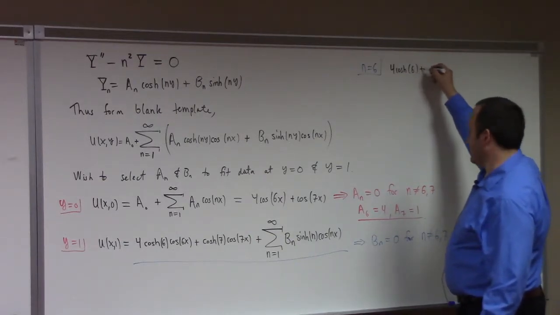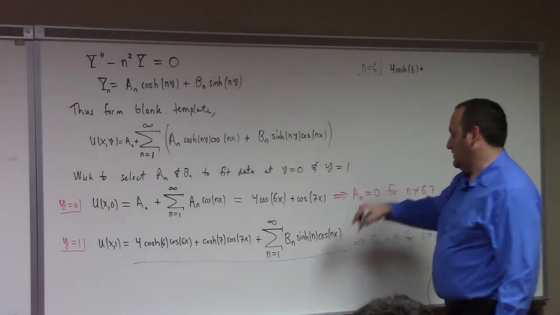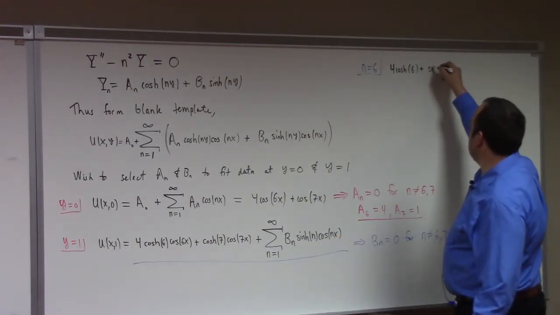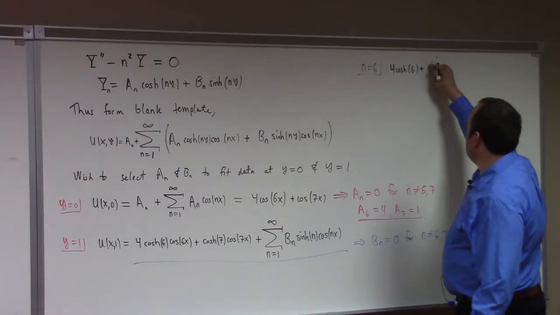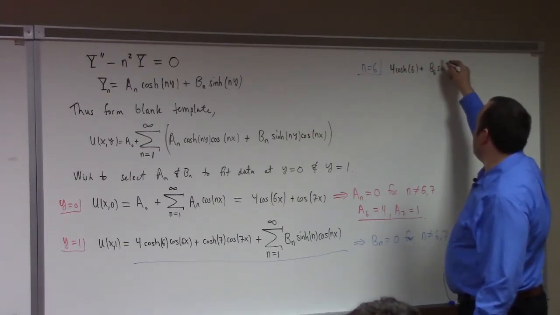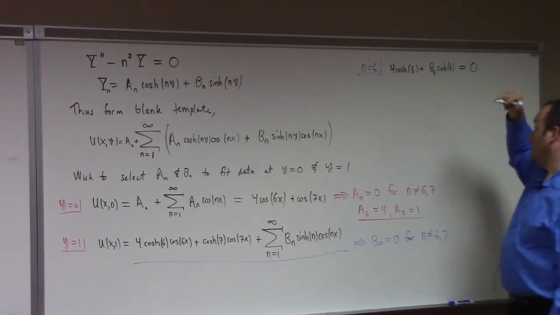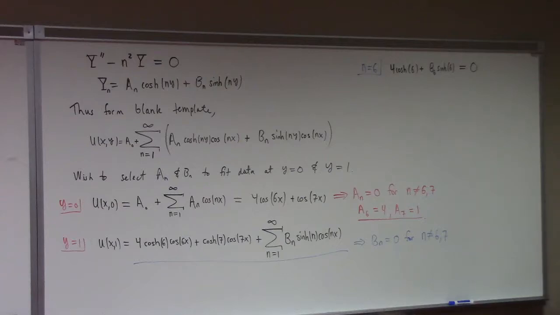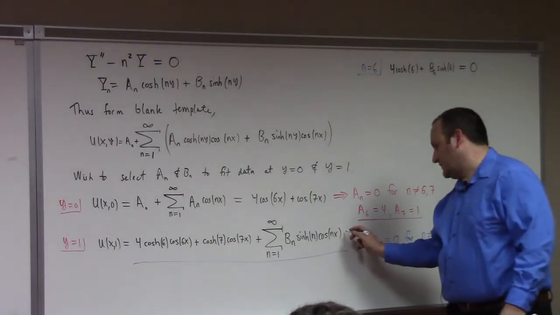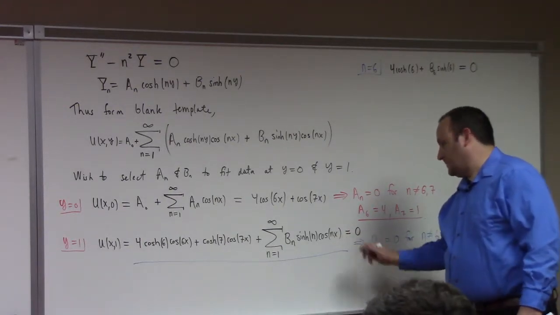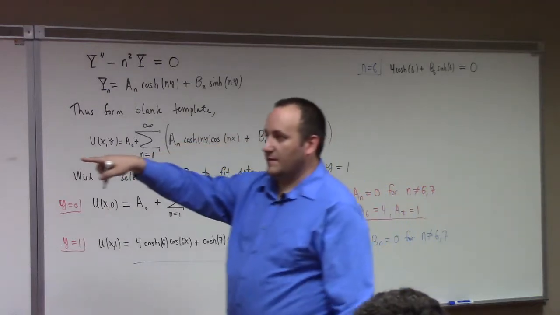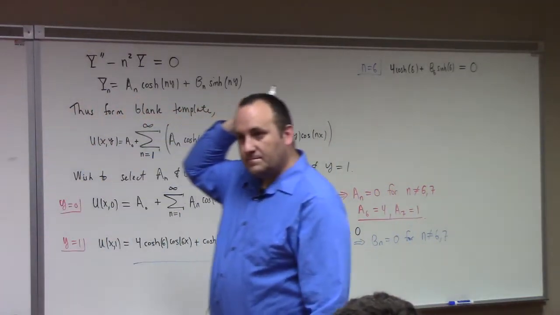Plus b sub 6, hyperbolic sine of 6, is equal to 0. Because that's the coefficient of cosine 6x, right? It has to all be equal to 0. This is given to be equal to 0, right? That was part of the problem statement, that it works out to 0.